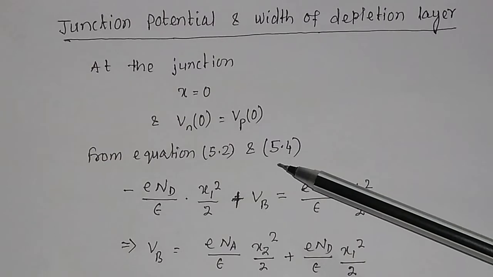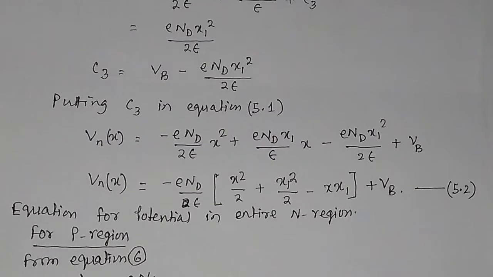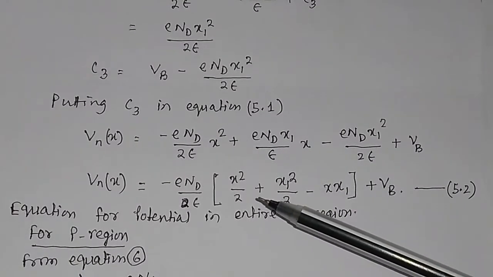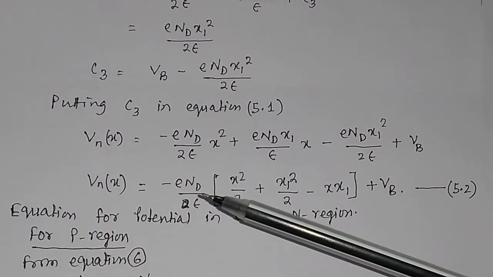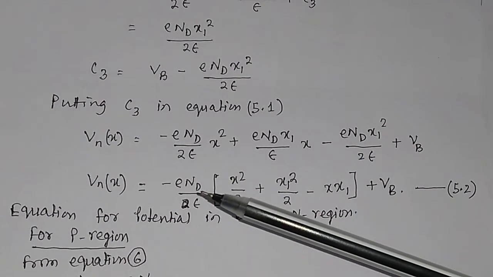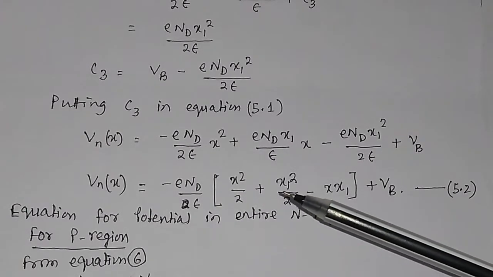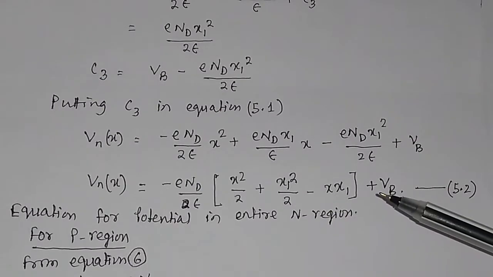So from equation 5.2 and equation 5.4, in equation 5.2, if here you put x value equal to 0, the potential will be equal to minus E Nd divided by epsilon into x1 square divided by 2 plus Vb.